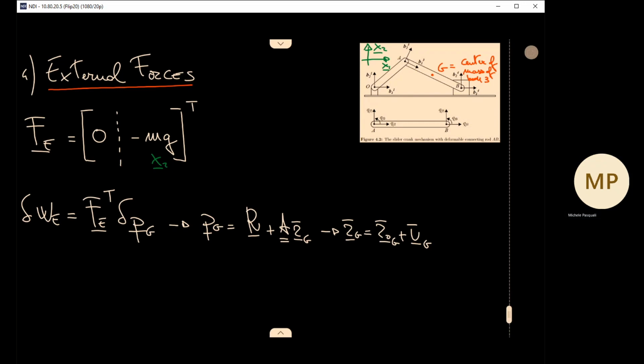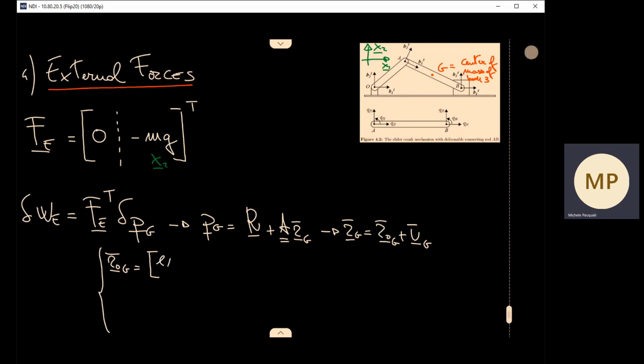Now, we have that R0G, what is it? In terms of coordinates? Well, I would say it's L divided by 2, 0. It's the position in the undeformed configuration of the center of mass.